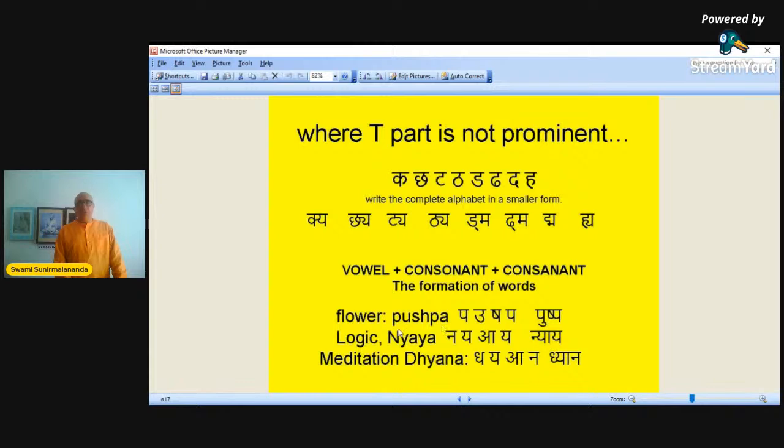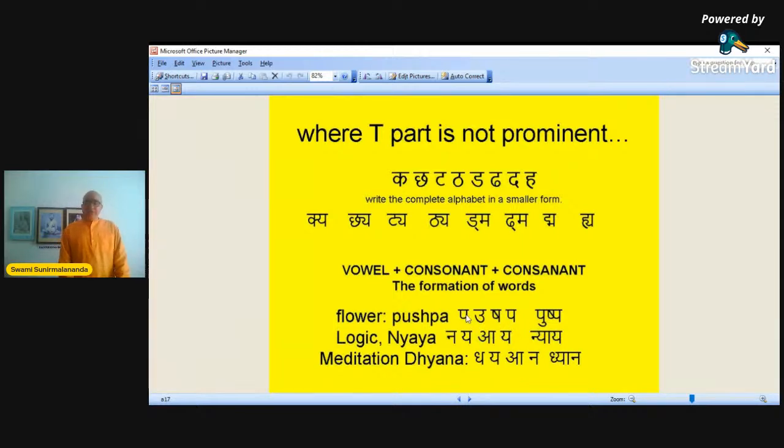Now you know that pa, u, sha, pa are four letters. Of them, one is a vowel, three are consonants. If you write like this, pa, u, sha, pa, it is not pushpa. But you must combine them.